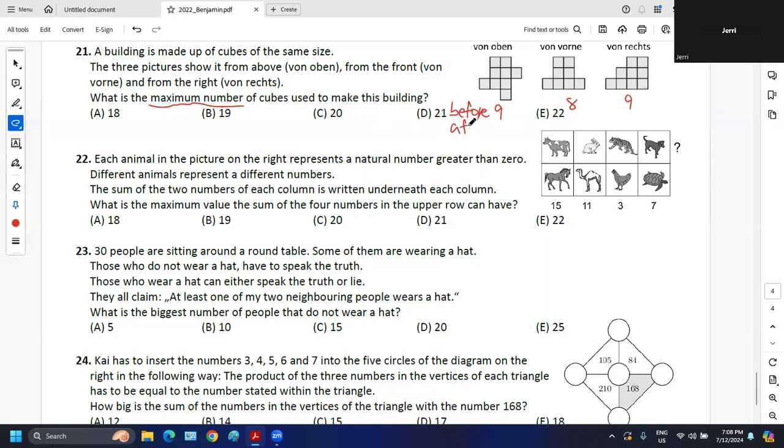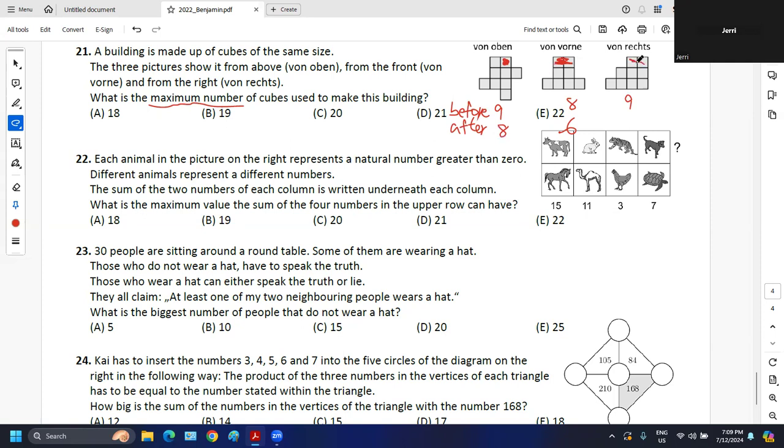And after, from above there would be 8, because this piece right over here will not count, because from the right it would be connected to another one. So that would be wrong. So 8. Now from the front there would be 6, because these two don't count.